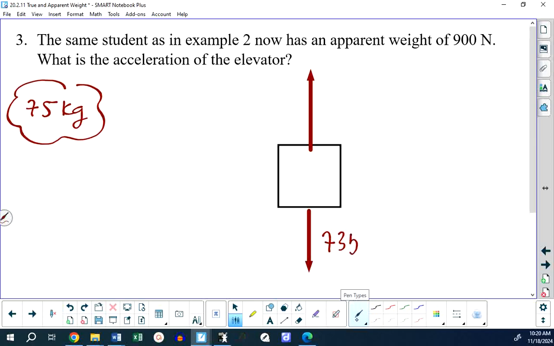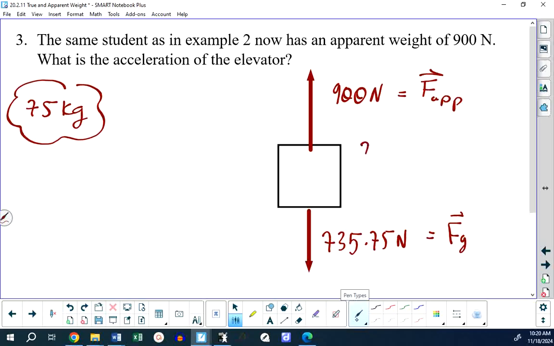Thank you. That's the force due to gravity. I'm not using absolute value signs there because that's the force due to gravity. The arrow is down. And then here we have 900 newtons, and that is the applied force upward, also known as the apparent weight.